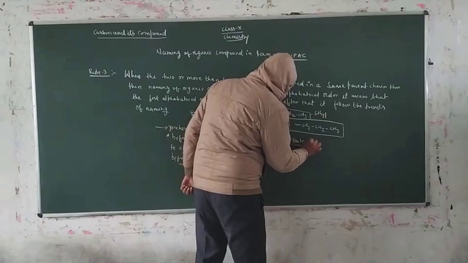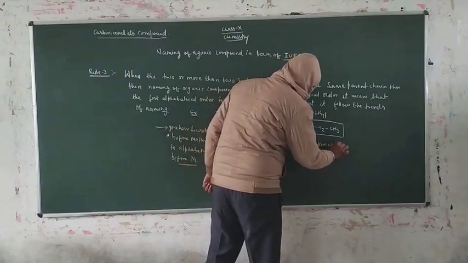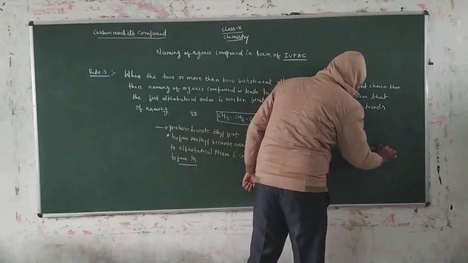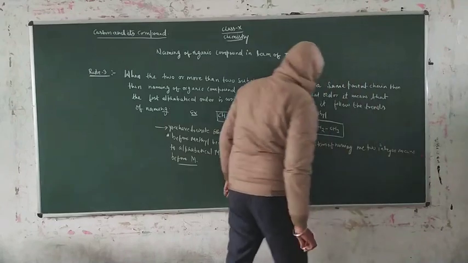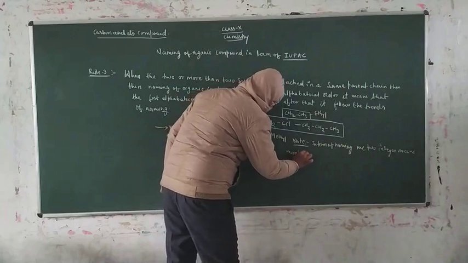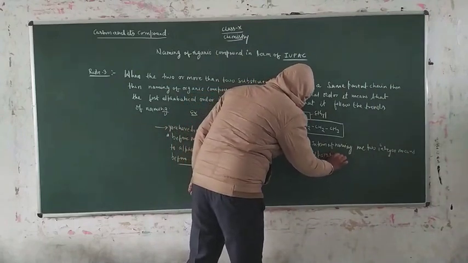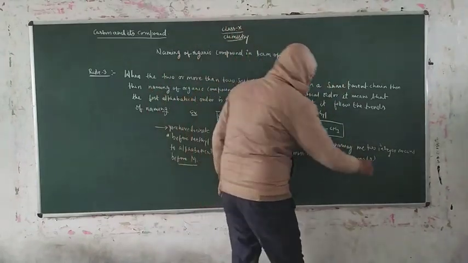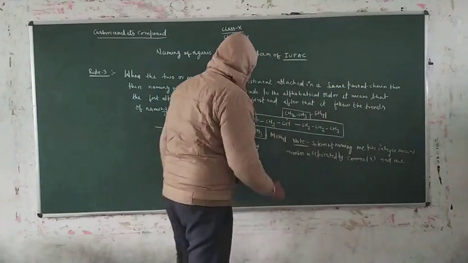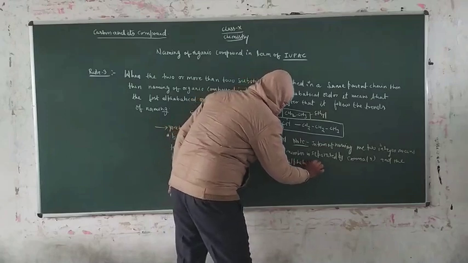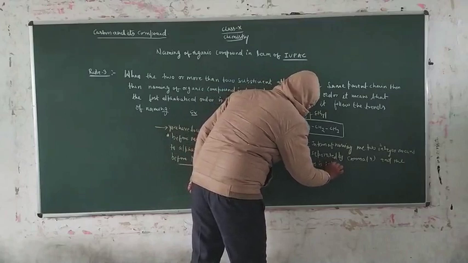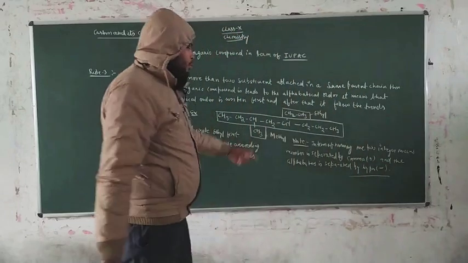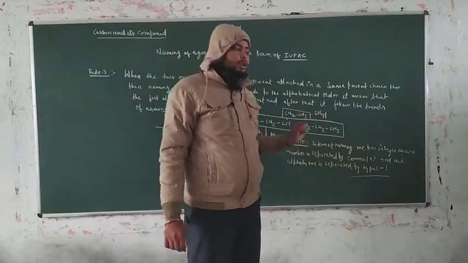And the note is that in naming, two integers, that means numbers, are separated by a comma, and alphabets are separated by a hyphen, that is a dash.